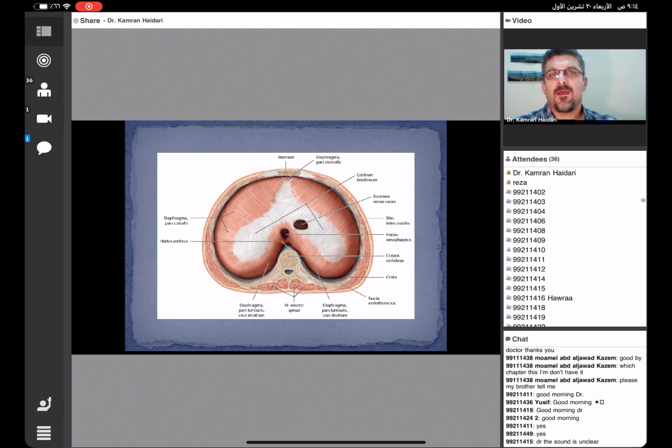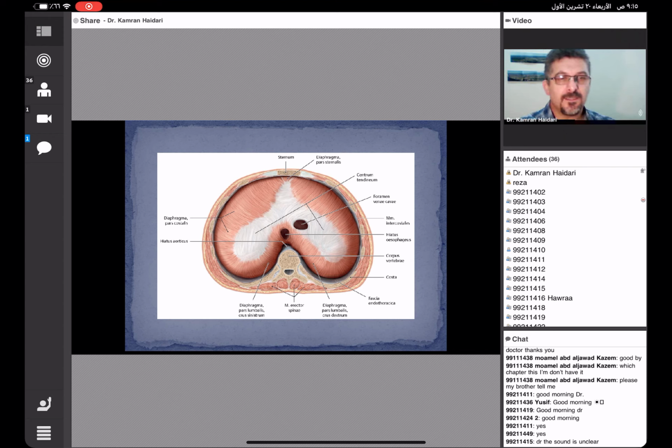Phrenico is the root term for the diaphragm. For example, the phrenic nerve is a nerve related to the diaphragm, because phreno means the diaphragm.